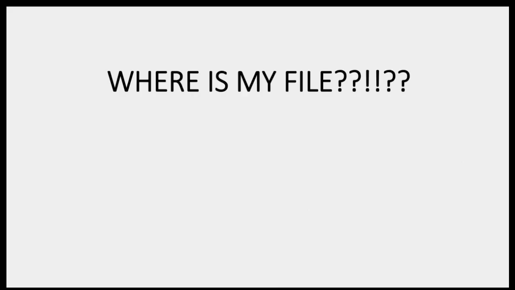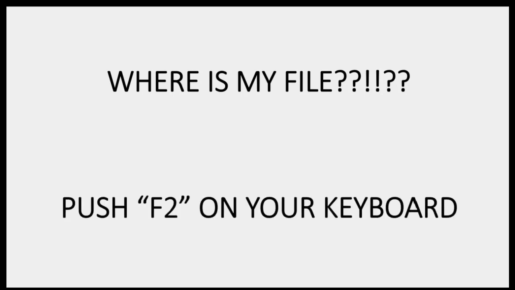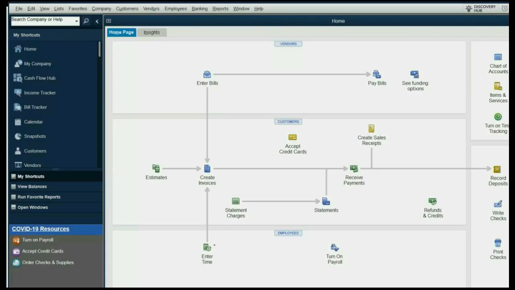Now, once you create the file, you may well ask, where is the file that I just created? Well, if you're looking at QuickBooks, you can push F2 on your keyboard for that information and other important information about your license number and so on.